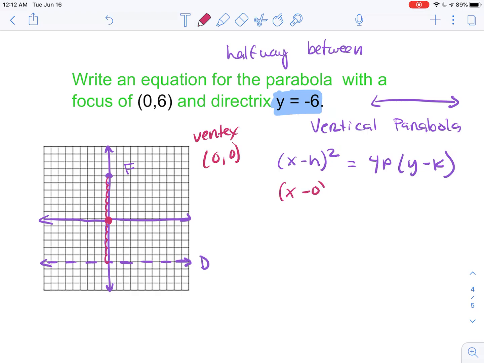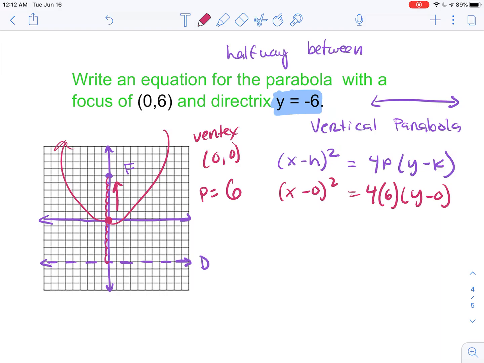Okay, so I can plug in x minus 0 and y minus 0. And while we're at it, we can actually identify my p-value. Remember, my p-value is the directed distance from my vertex to my focus. So we already know that it's a 6, but it's also going to be a positive 6 because we are moving up towards my focus.